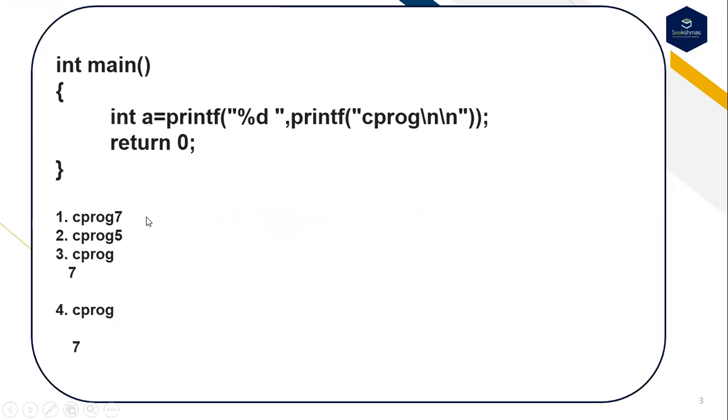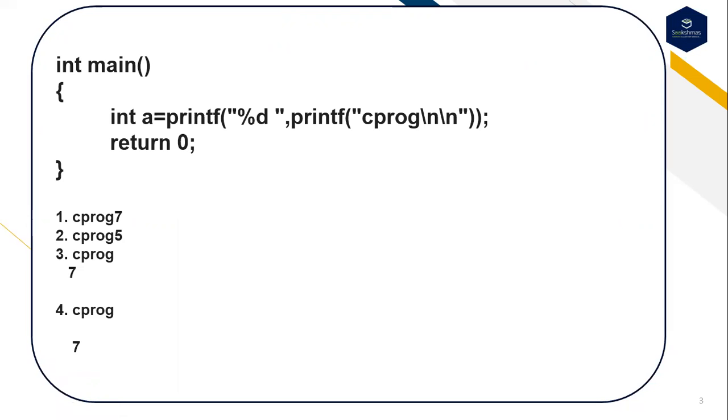These are the following options: C program followed by the 7, C program followed by 5, and the third option is C program, the next line it will print 7, and the fourth, C program followed by a two line gap and followed by the 7. So these are the options.